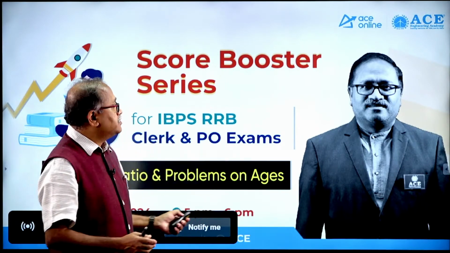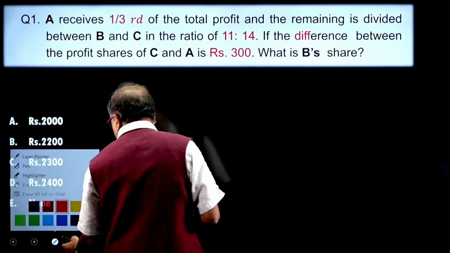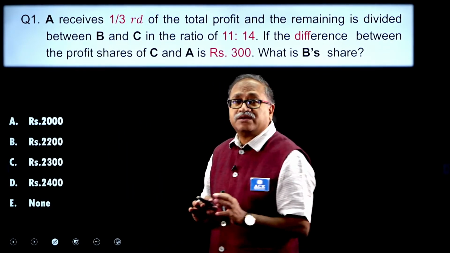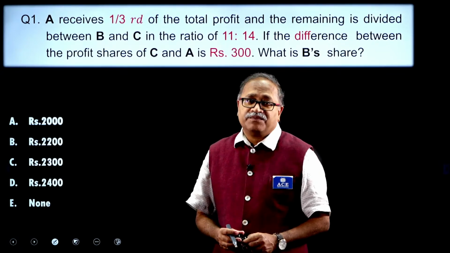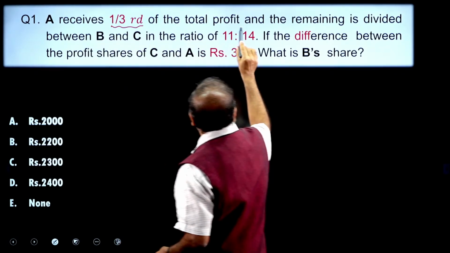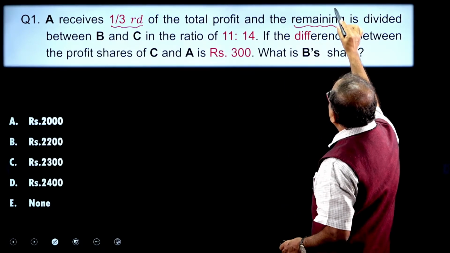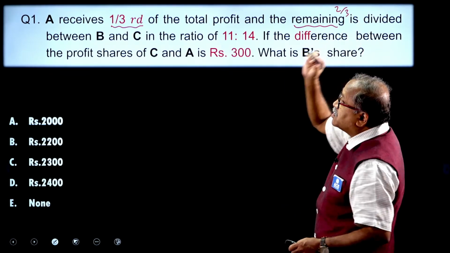Let us begin here. This is your first question, and I will read it out. I hope all of you will be able to answer all the 15 questions I picked up today. Now, A receives 1/3 of the total profit and the remaining profit. When you say the remaining, obviously 2/3.